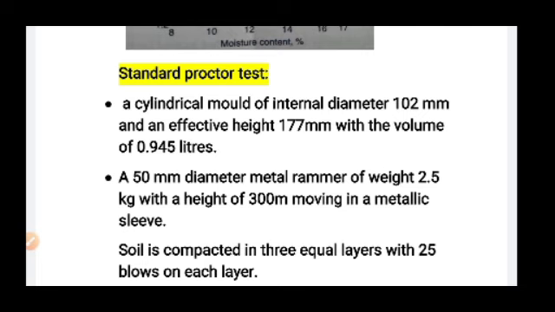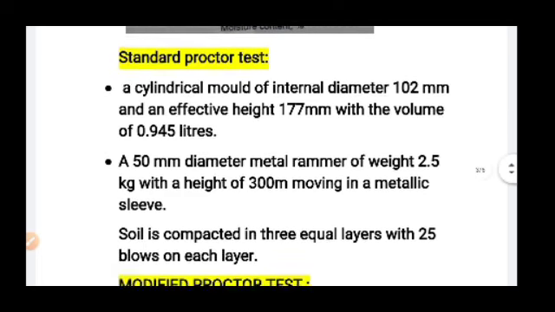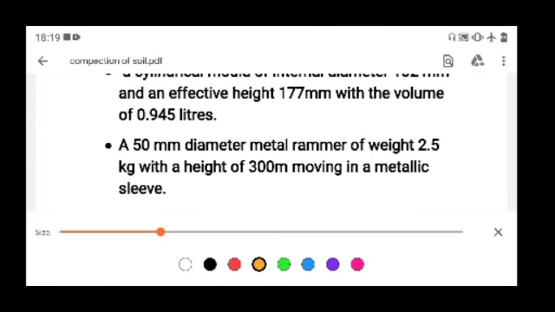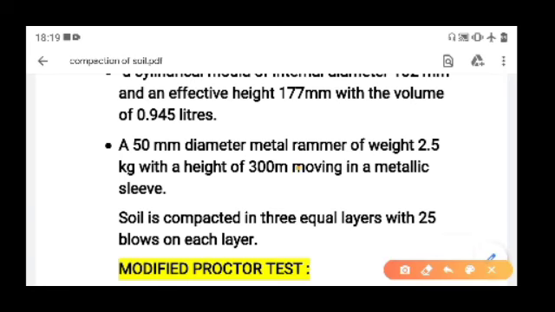A 50 mm diameter metal rammer of weight 2.5 kg with a drop height of 300 mm moves in a metallic sleeve. Soil is compacted in 3 equal layers with 25 blows on each layer.